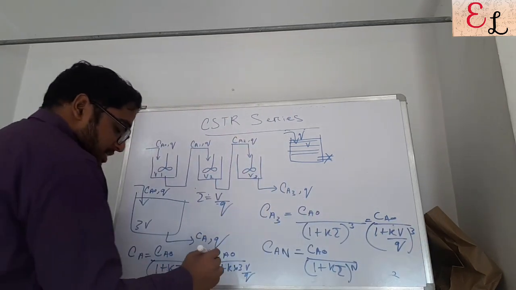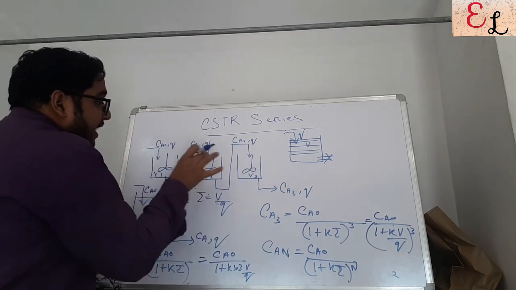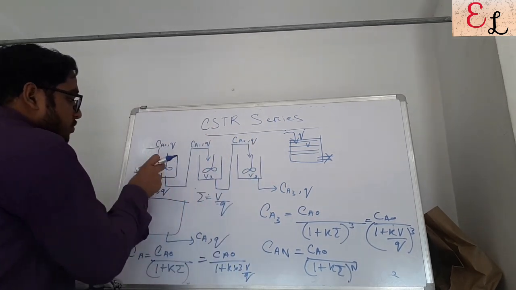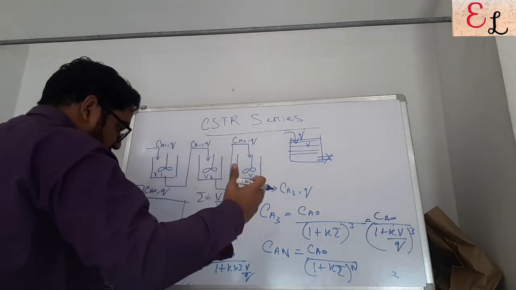Now for this reactor, we are using the same volume, dividing it into 3 equal volumes, that is, 5, 5, 5 supposedly, and here we are using 15 in a single CSTR.